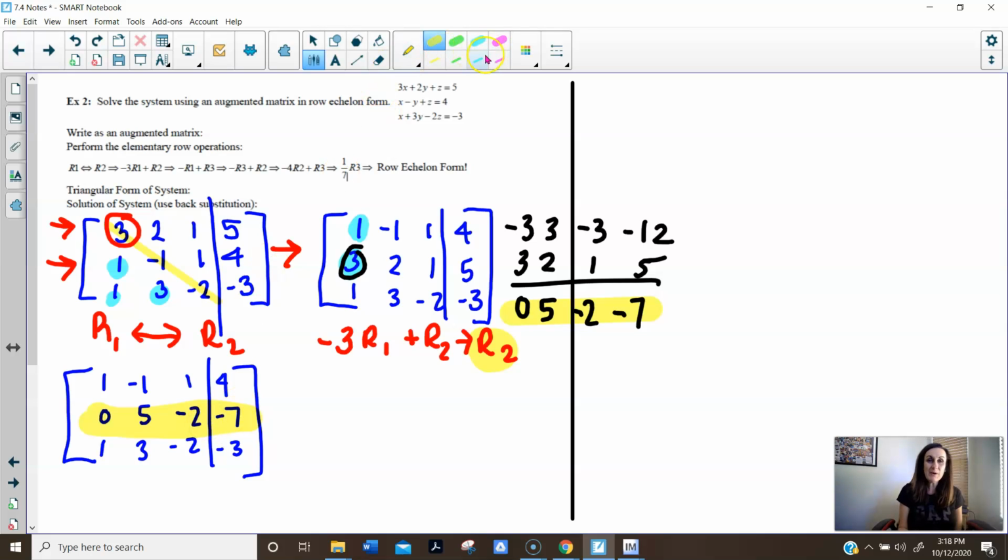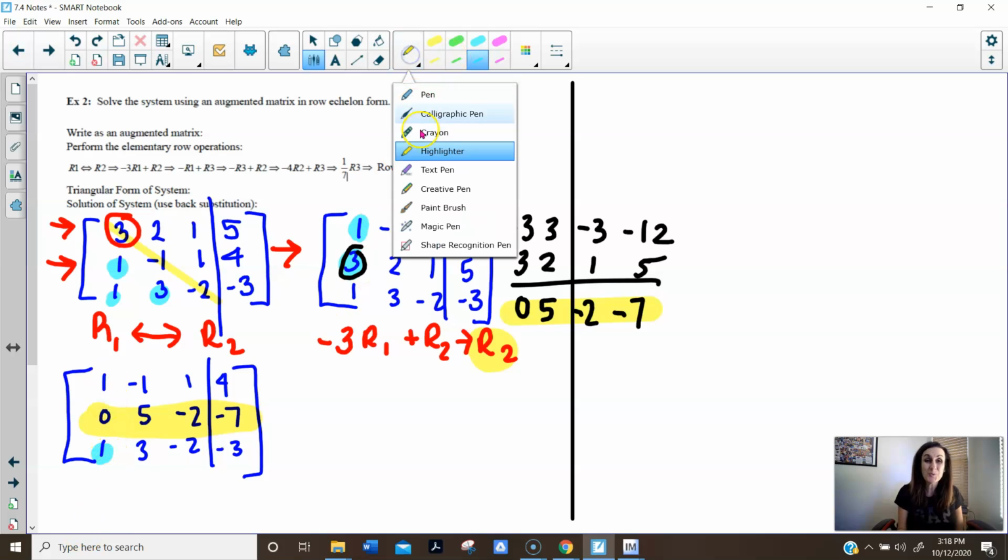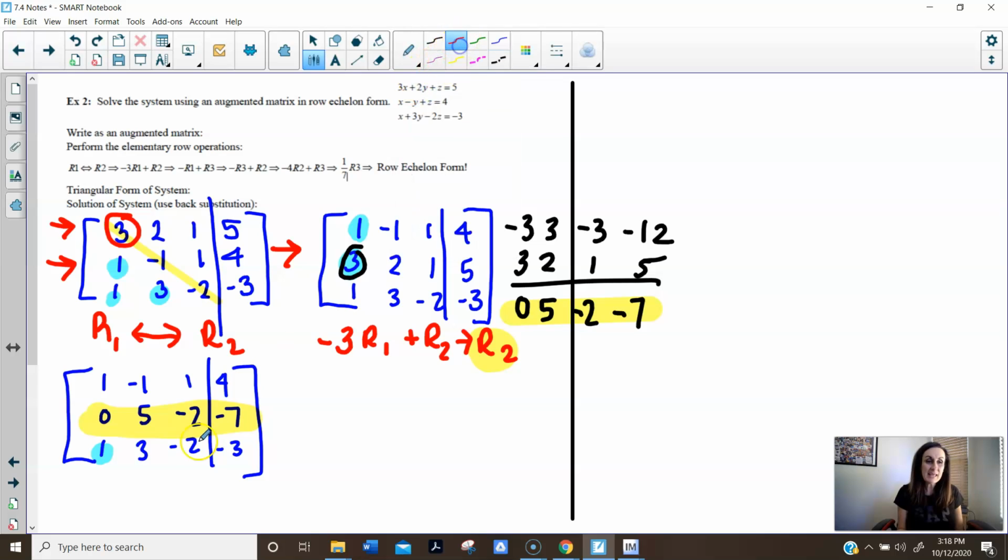So the next thing I want to do is I want this 1 down here to be a 0. So I have to try to figure out what can I do to make that 1 a 0. Well, what if I took the opposite of row 1, added it to row 3, and then that was my new row 3? I think that's going to work.